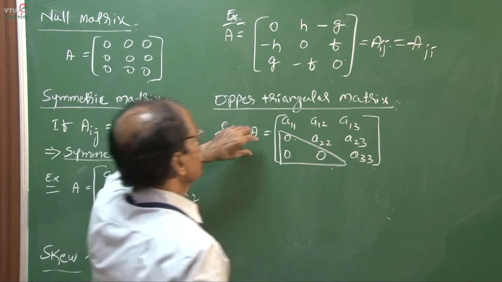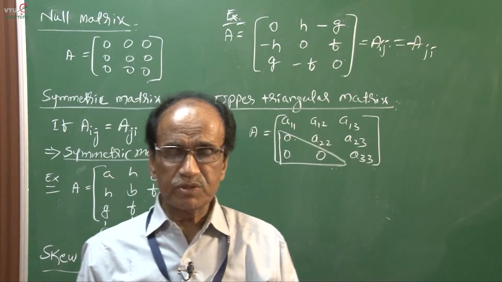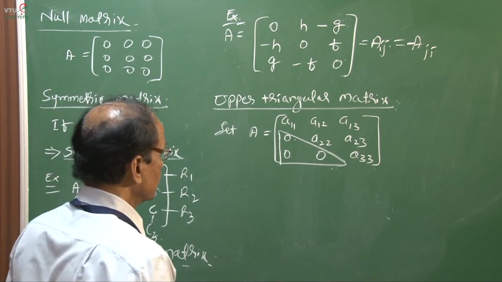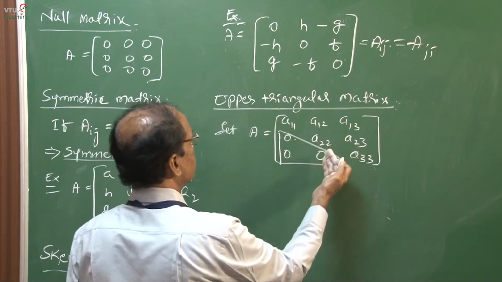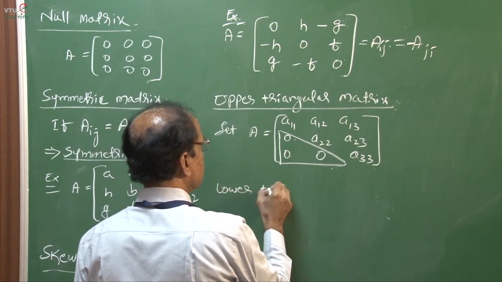Upper triangular matrix means below the principal diagonal, the elements are 0. The opposite type of this one we are going to write, that is lower triangular matrix.